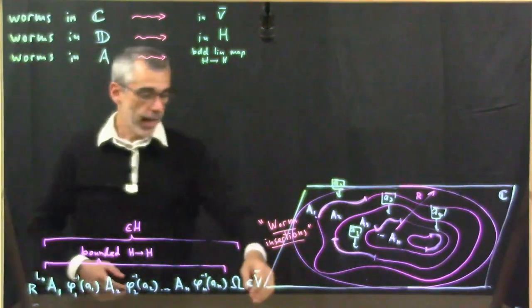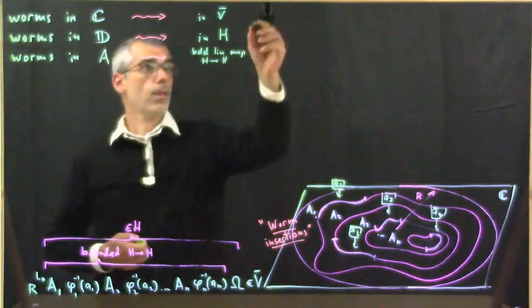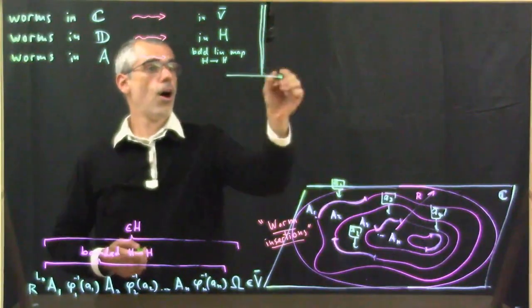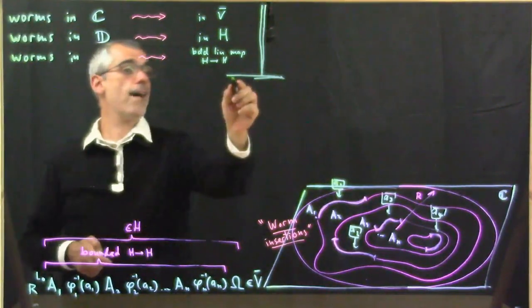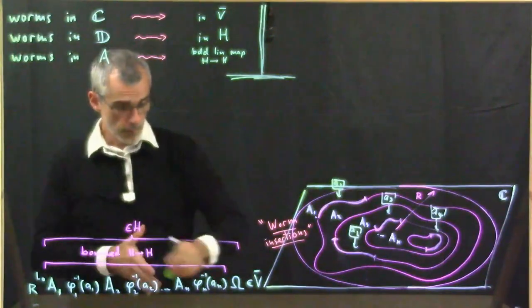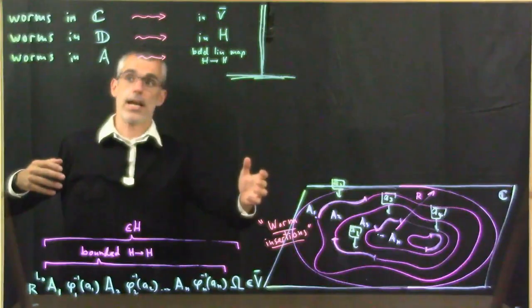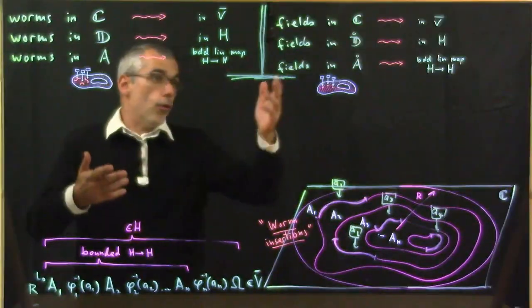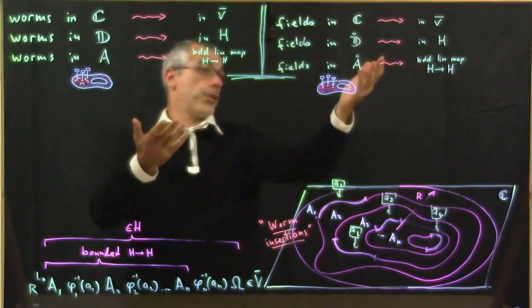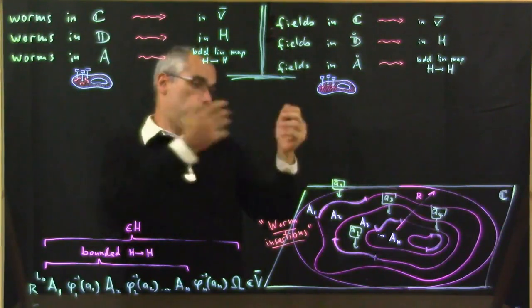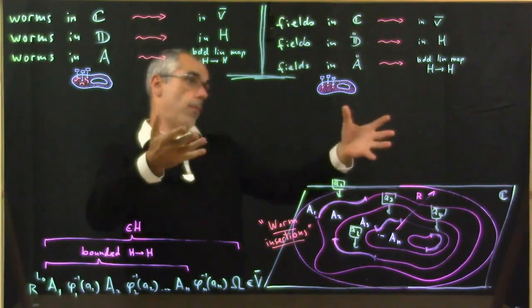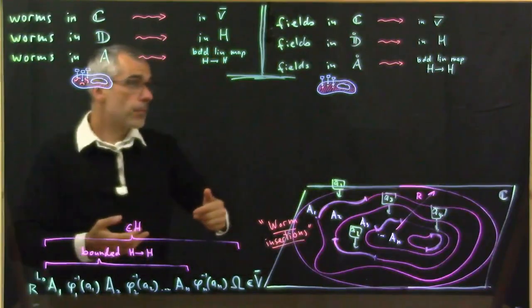Now, if I use this trick of writing every field insertion in a unitary CFT as a sum of two worms, first of all, we recover what we already knew, namely that if I put a bunch of field insertions at various points in the complex plane, I get an element of V bar.